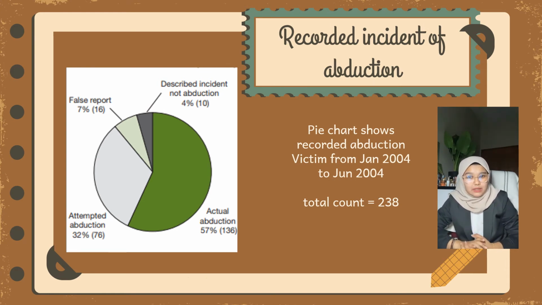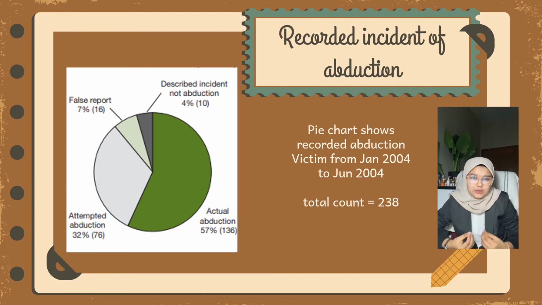Nearly half of the incidents were attempted abduction, which is 32%. It is slightly less than the actual abduction percentage. Next, 16% of the incidents happened to be false reports. The investigation must have been done and led to that. Only a minor count, 10%, described incidents that were not an abduction.